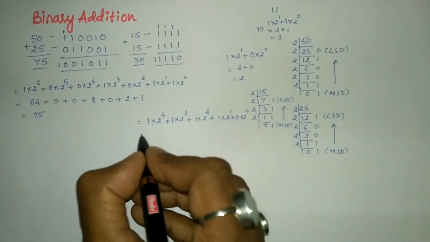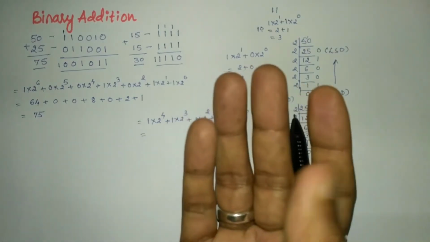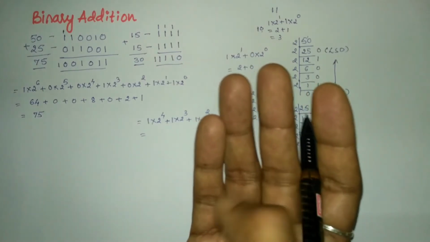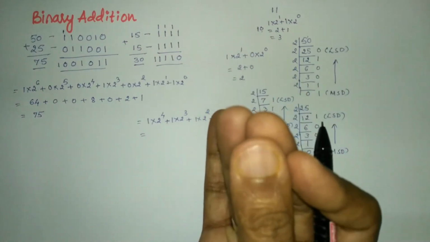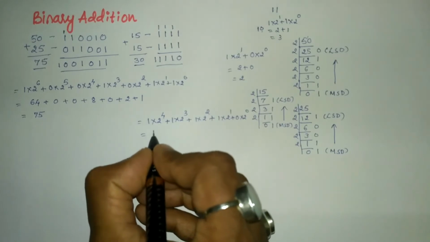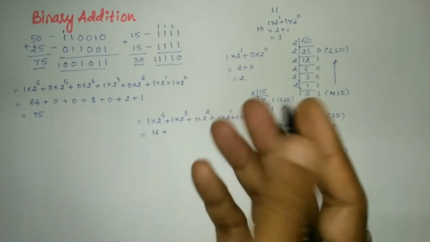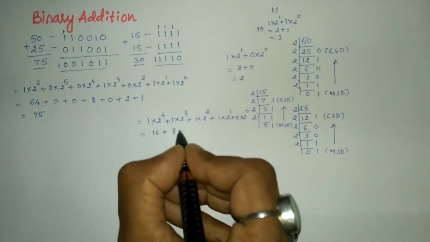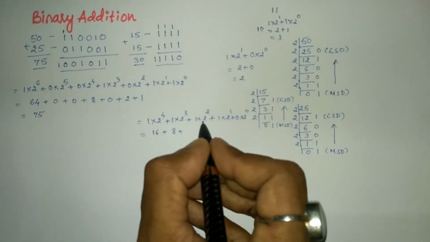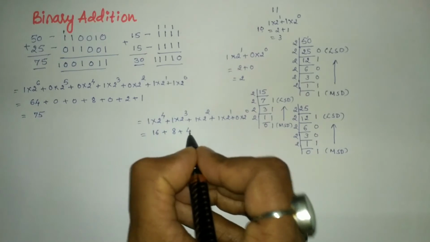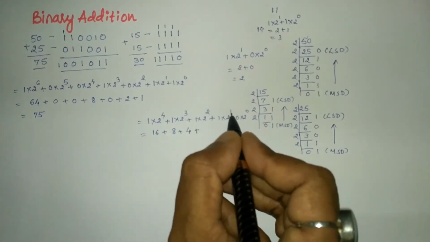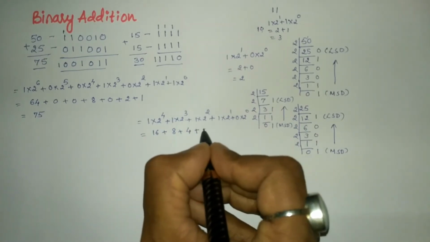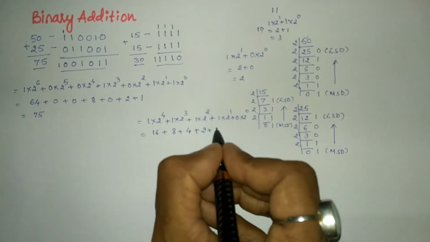Now let us further simplify this. 2 to the power 4 means we have to multiply 2 four times. 2 2s are 4, 4 2s are 8, 8 2s are 16. Here 16 1s are 16, plus 2 to the power 3 means 2 2s are 4, 4 2s are 8, 8 1s are 8, plus 2 to the power 2 is 2 2s are 4, 4 into 1 is 4, plus 2 to the power 1 is 2, 2 1s are 2, plus 0 into anything will become 0.